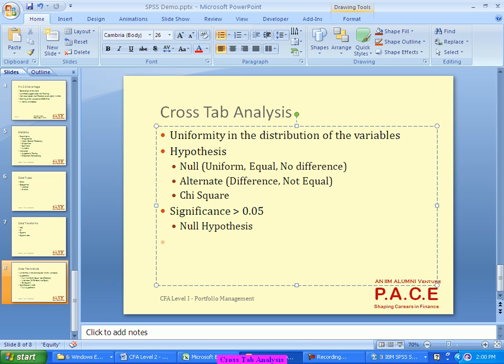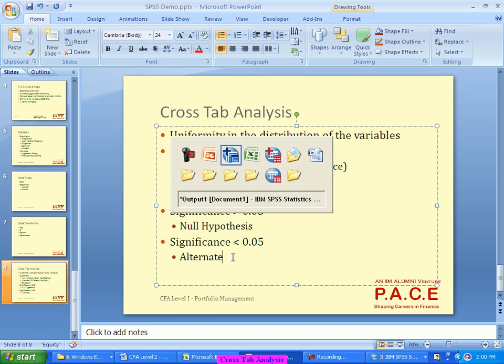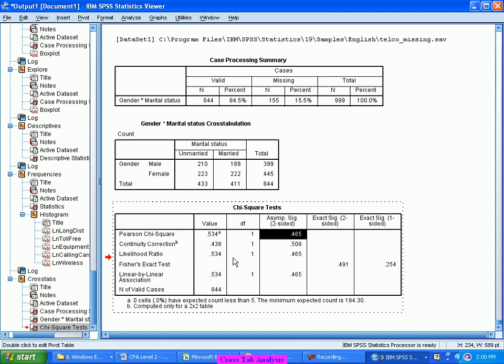And if significance is less than 0.05, I'll go with the alternate. Straightforward, right? This is the way I can interpret any statistical test, especially if I'm using a tool like SPSS. The good thing with this tool is it does all calculation and directly gives us the significance level.